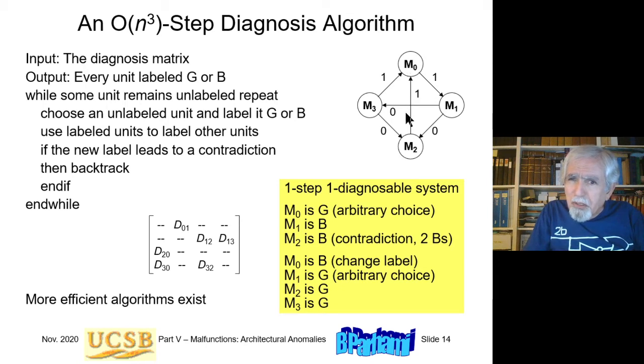Here's a contradiction, because I identified two bad modules, whereas I assume that there's no more than one bad module. So I backtrack and say, okay, the assumption that M0 is good was incorrect. Let's say M0 is bad, and so on and so forth. So this is an order n cubed algorithm.